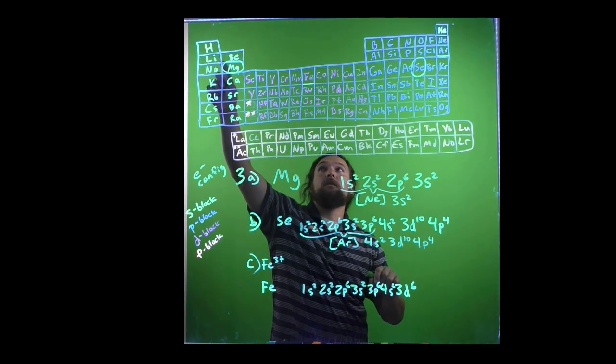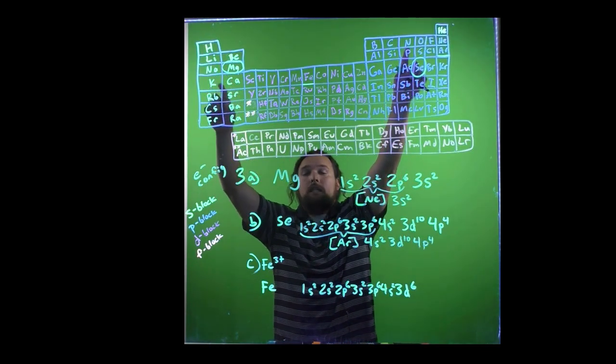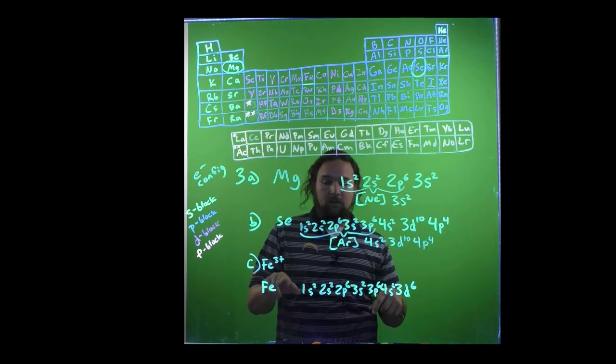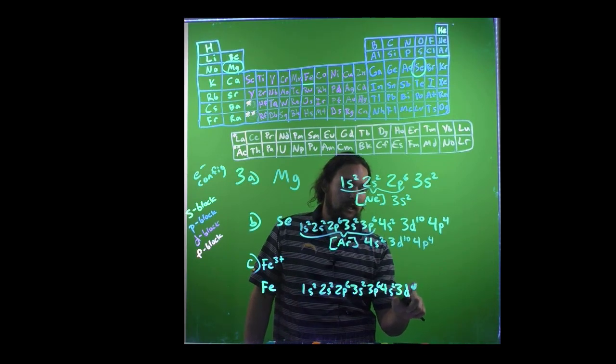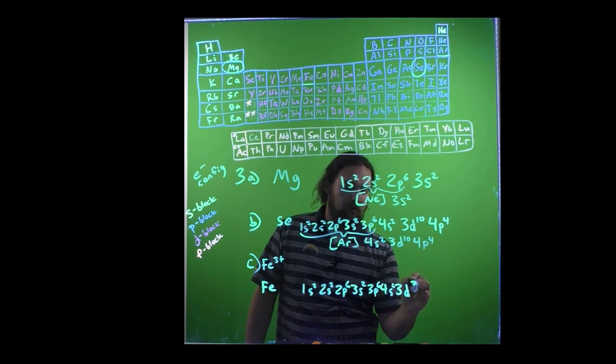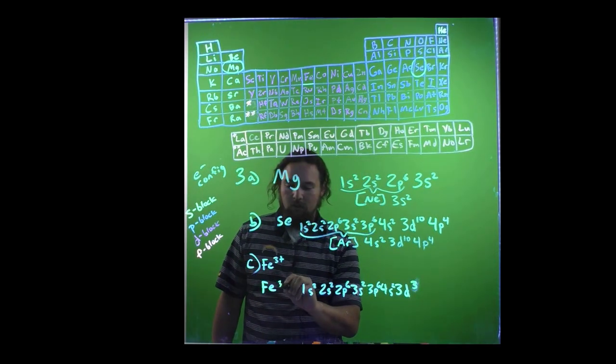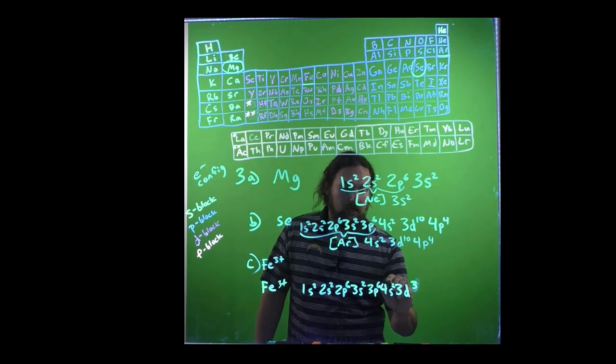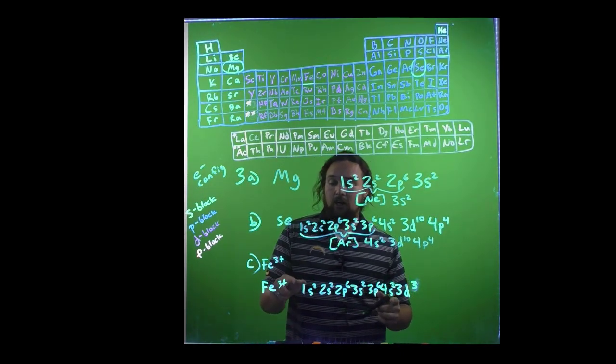So we have 1s2, 2s2, 2p6, 3s2, 3p6, 4s2, 3d6, okay? Now, the fact that it's actually Fe3+, that means we're going to lose 3 electrons. So it would become 3d3 when it's in the 3+ position. So this would be a pretty good electron configuration for iron 3+.